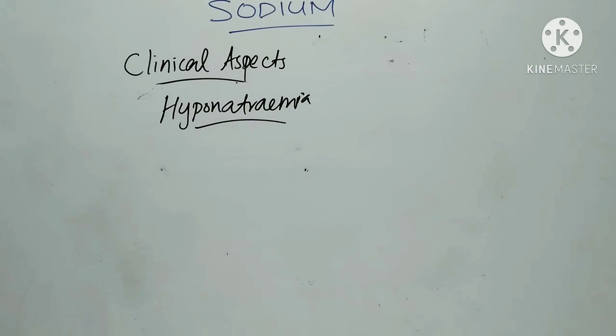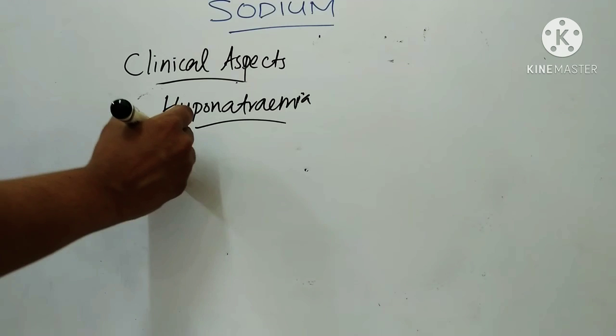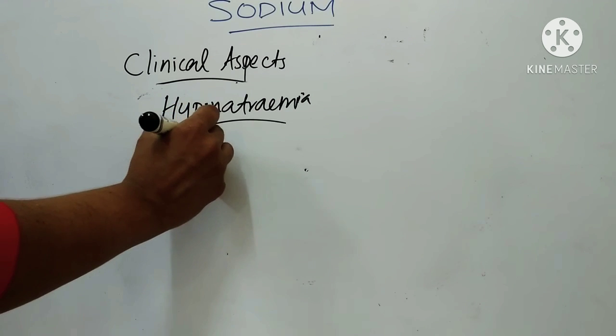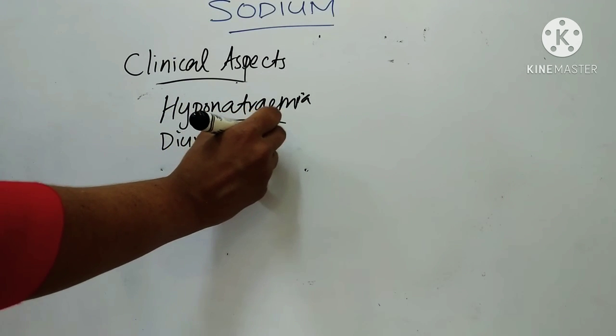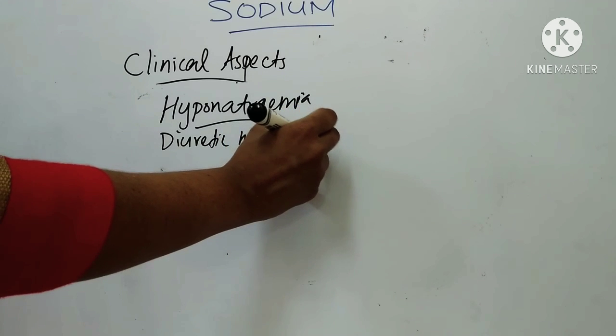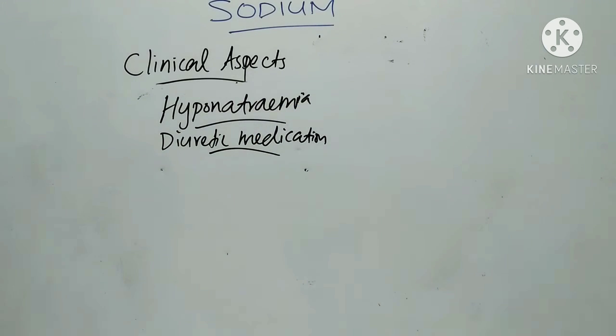Next we will see hyponatremia. This means a low plasma sodium concentration. So let's see the conditions where hyponatremia occurs. First one is diuretic medication. One of the most common causes of hyponatremia is the use of diuretics.